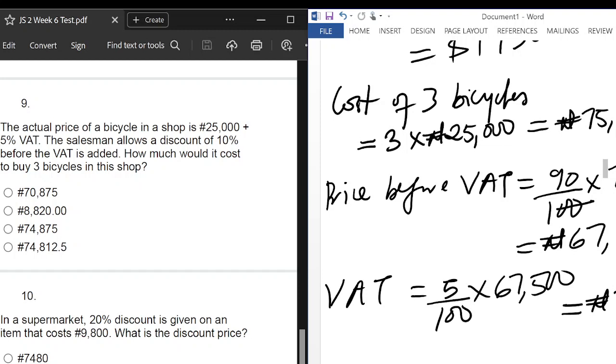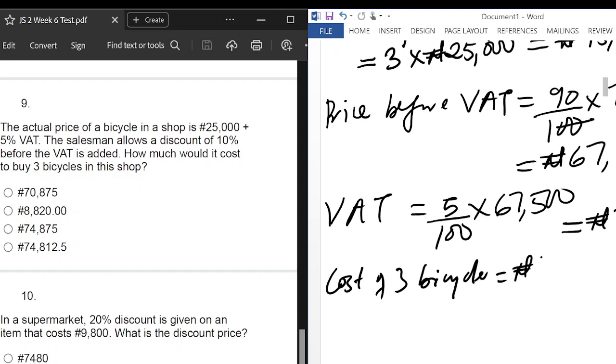So the cost of the 3 bicycles will then be 67,500 plus 3,375 naira.